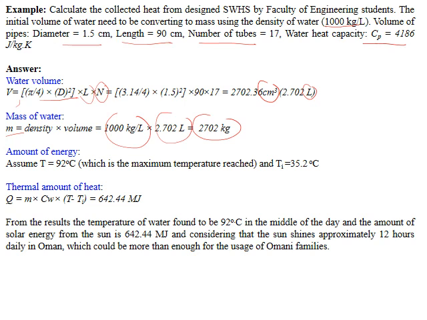They found that it rises from 35 at the input to 92, and this is the maximum. So when they come to find the thermal energy or heat, this is the heat capacity given in the question, the mass is calculated, and this is the temperature difference. They found this amount of energy captured.